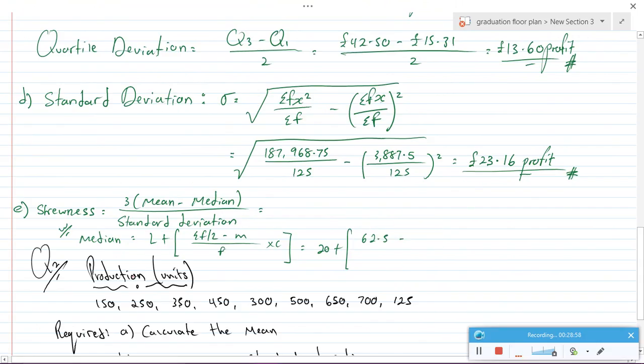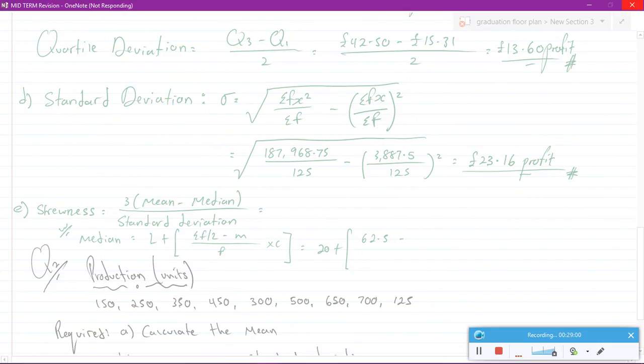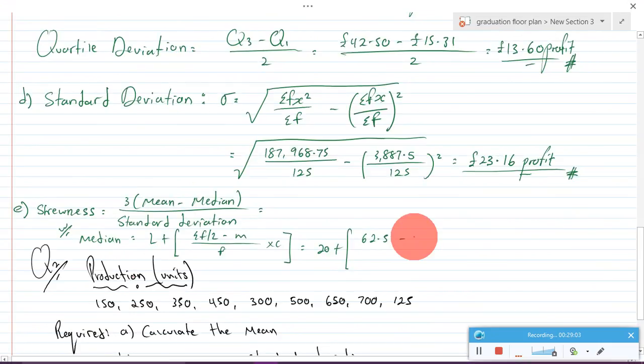So question 1 is basically grouped data. All these are grouped data formulas. Next, question 2, ungrouped data.